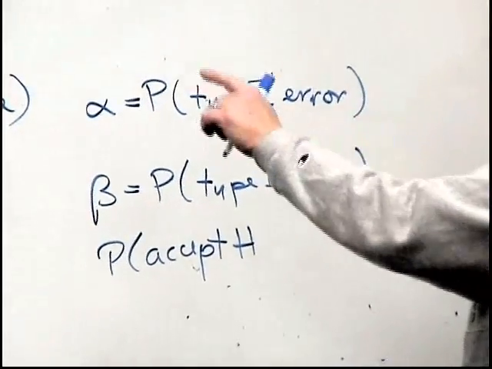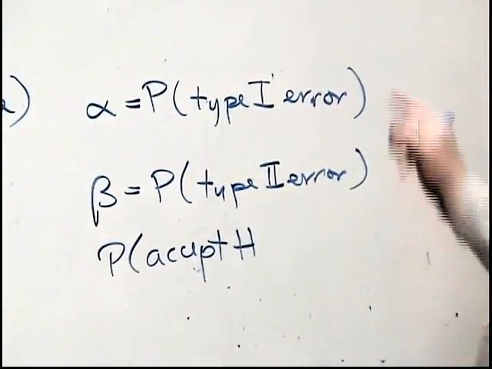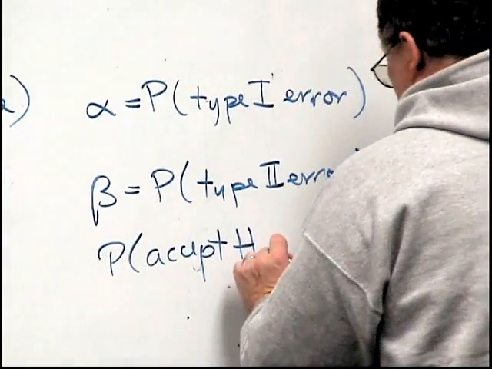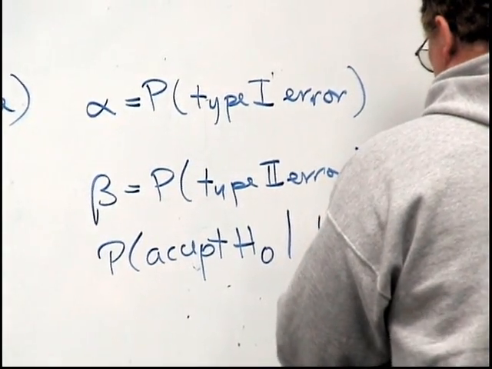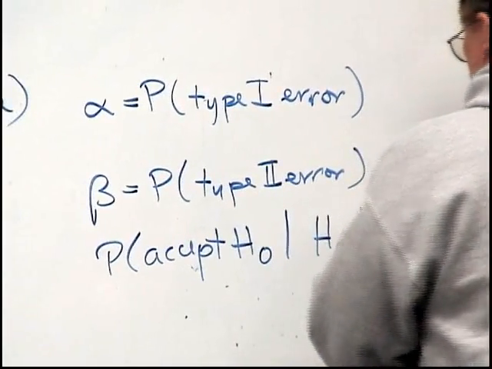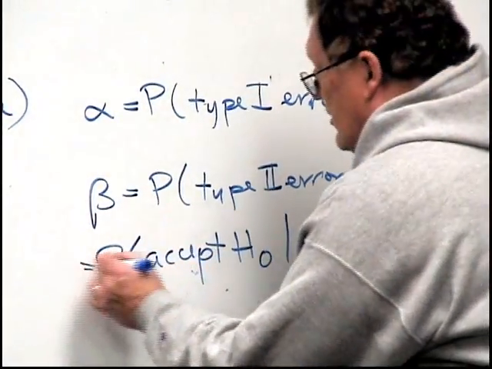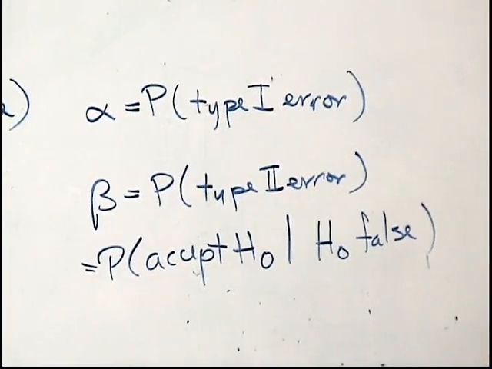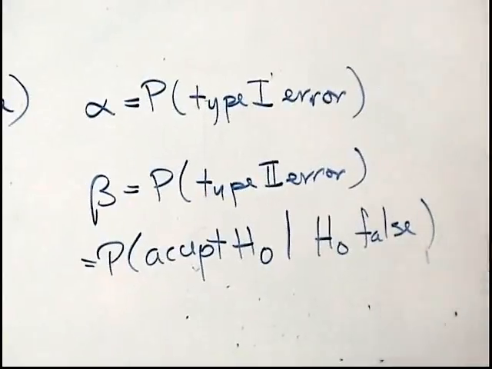One error you just said is to reject H0 when H0 is really true. So the other error is to accept when it's not, when it's false. Very good. Or H1 is true. So type 2 error is accepting H0 when H0 really is false. Type 1 error is to reject H0 when H0 really is true.